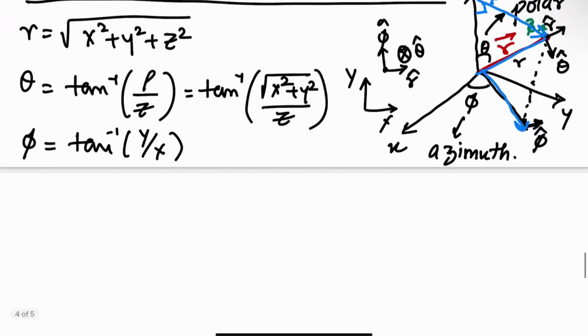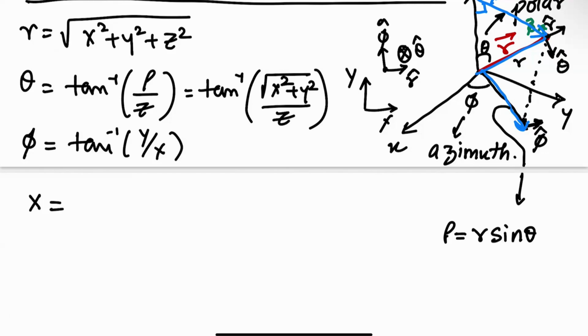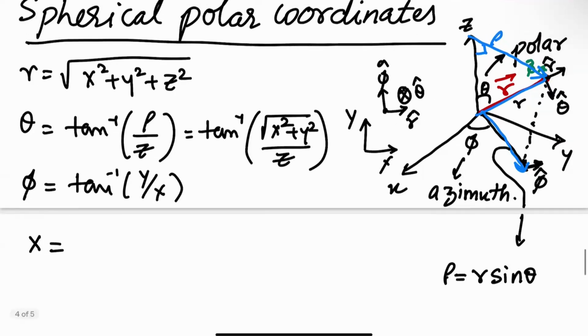We can go the other way as well. So we can write x as, this length rho here, this image is getting kind of cluttered. This rho is r sine theta, right? The reason is that this is theta, this is 90 minus theta, so this value is cosine of 90 minus theta, which is sine theta.